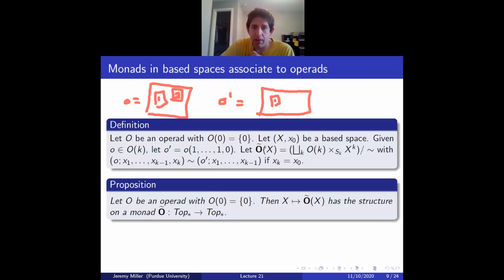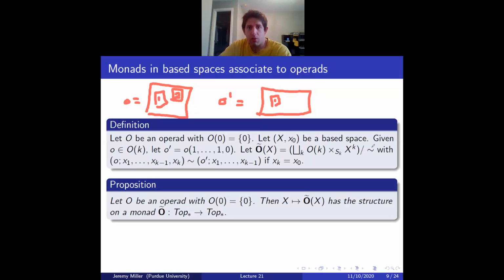So what you do is, O tilde is a functor from based spaces to based spaces.